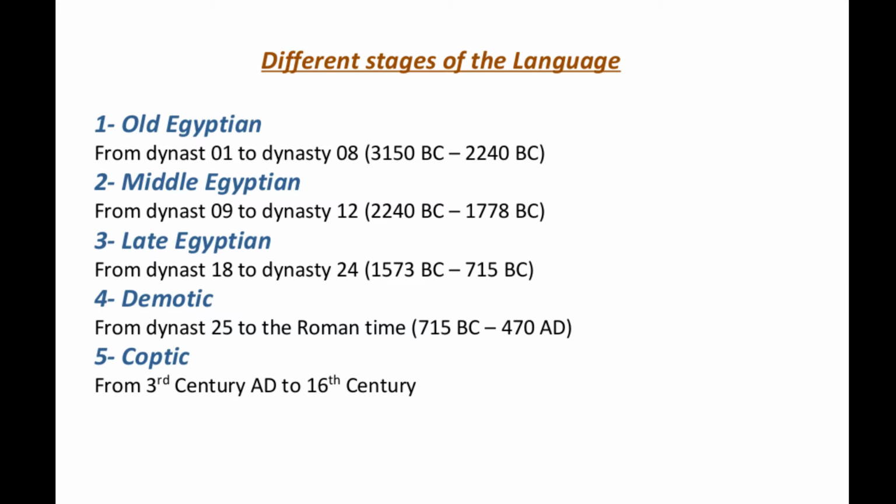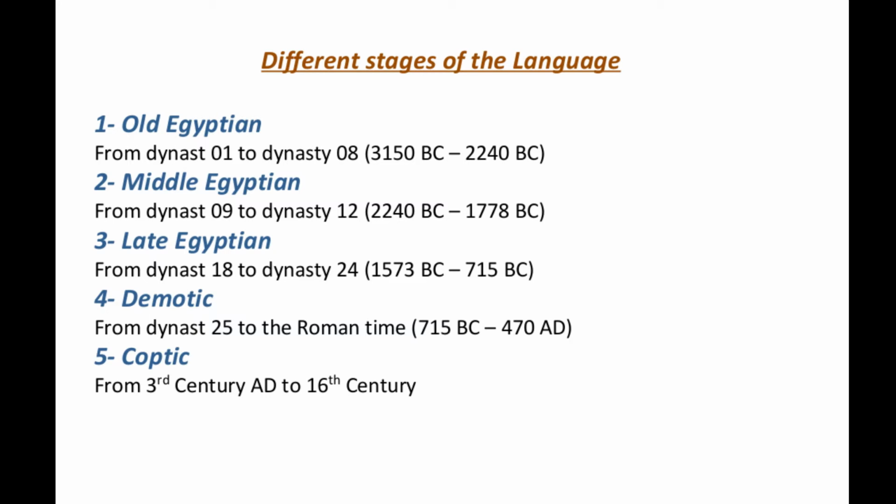We found some writings dating back before the first dynasty, and it could be not 3000 BC, 3500 BC, and who knows, we could find much older and older writings. But we can say it's between Dynasty 1 and Dynasty 8, about 3000 BC and 2200 BC.